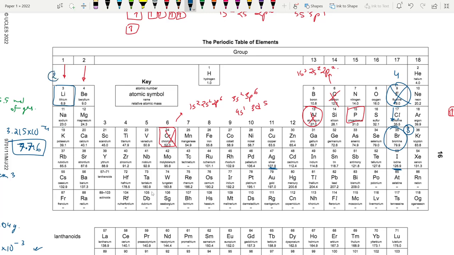Approximately around 2, right? So if you go down, for potassium, it should be less, maybe 1.5. So if you want the smallest difference, what should you do? You have two ends, right? The upper bound and the lower bound. You should actually increase your lower bound and decrease your upper bound. So I decrease my upper bound, bromine, and I should increase my lower bound, so I should take lithium because it has higher electronegativity.